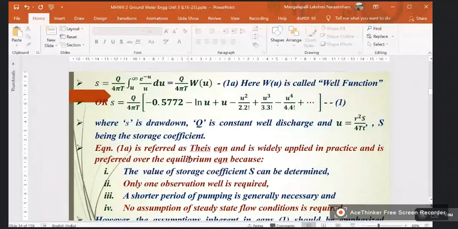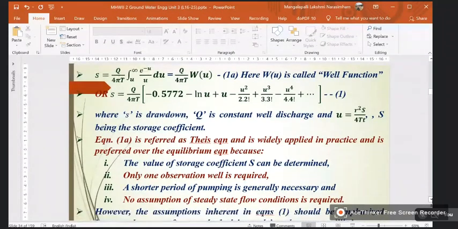It takes a lot of time, and therefore the effort involved is much more compared to the test done using unsteady flow. In the case of steady flow, a lot of time is required. No assumption of steady state flow condition is required, obviously.